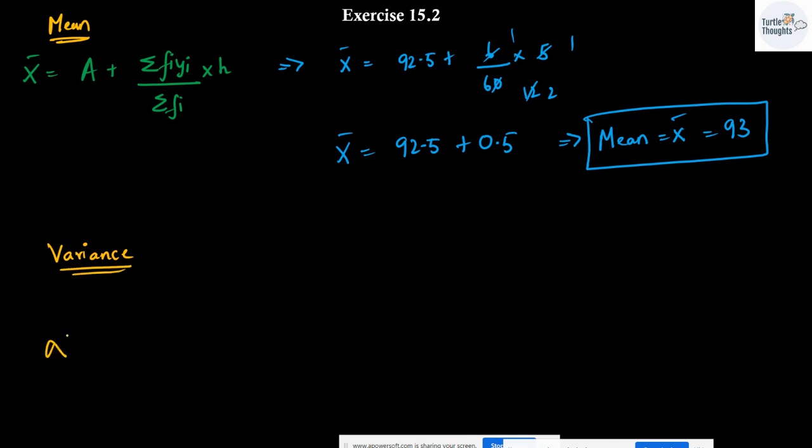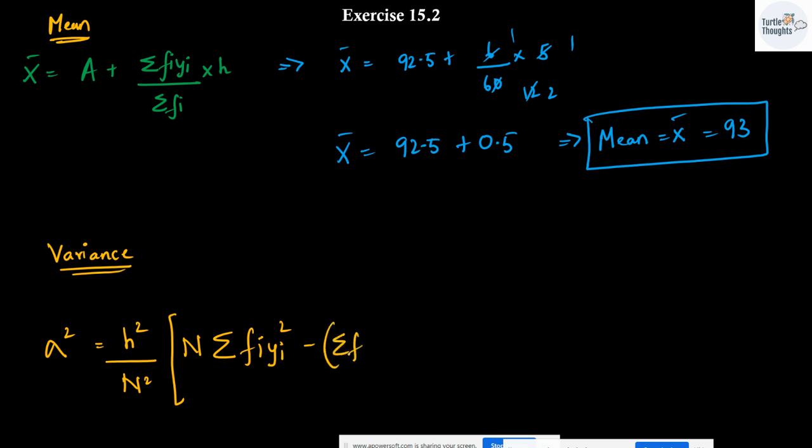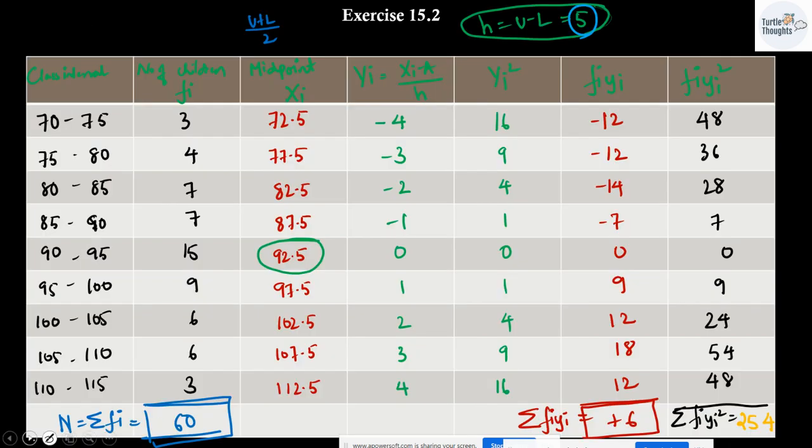Let me write down over here mean. Next, we will be calculating the value of variance. Variance is given by the formula sigma square is going to be h square divided by n square multiplied by n summation of fi yi square minus summation of fi yi whole square. Let me substitute all the values. Upon substituting, h is going to be equal to 5, so 5 square divided by n square, n is equal to 60.